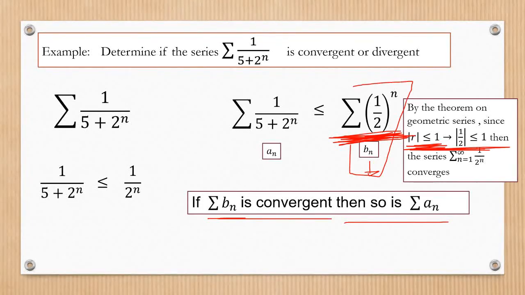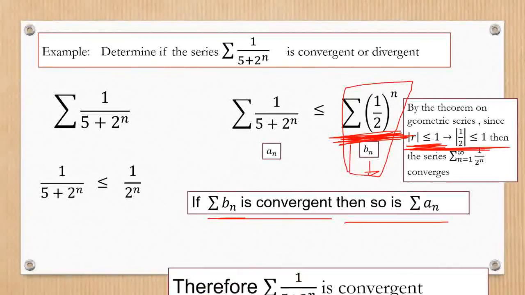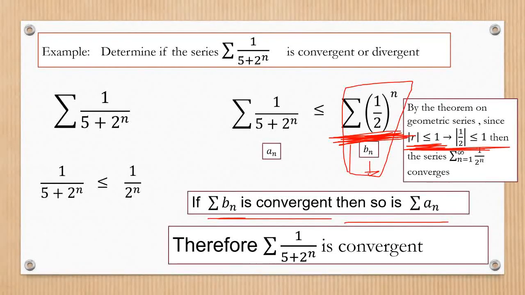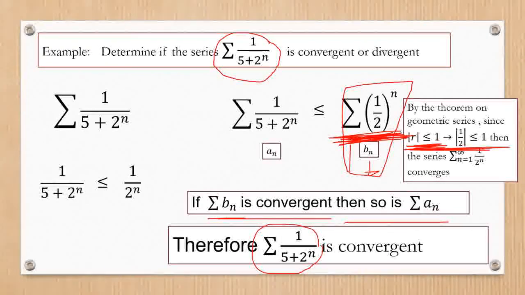Therefore, because of the condition given in the comparison test, an is also convergent. Therefore, since this is our an, the series 1 over 5 plus 2 raised to n is convergent.